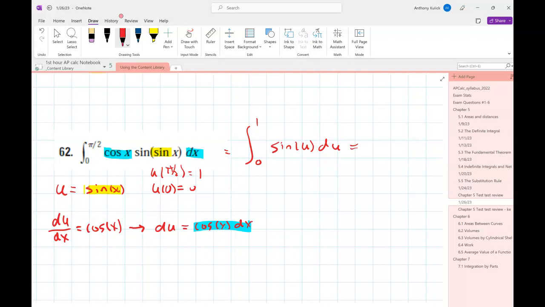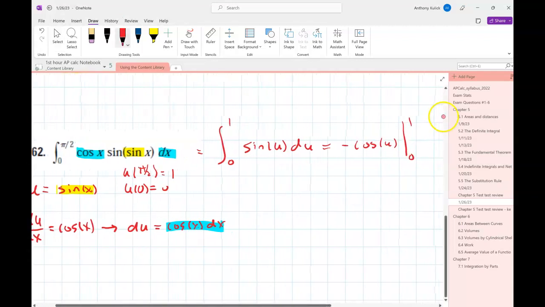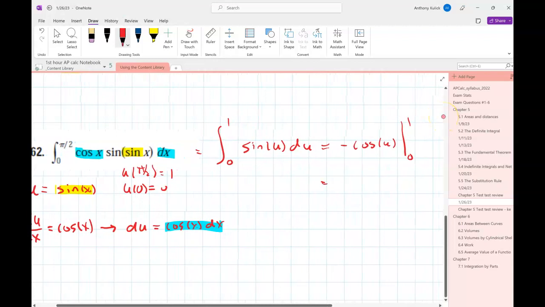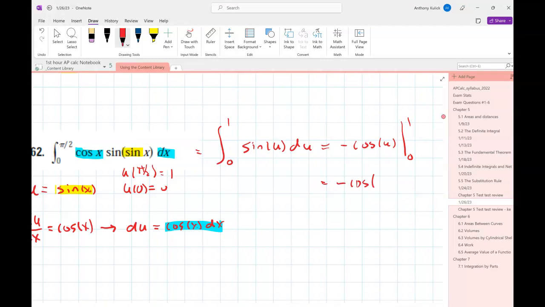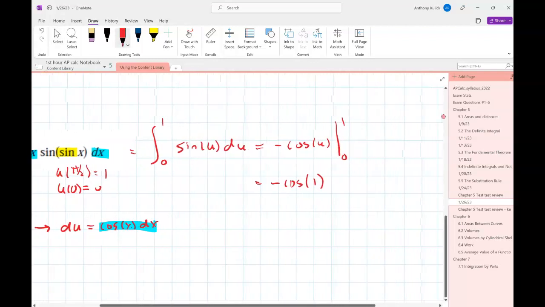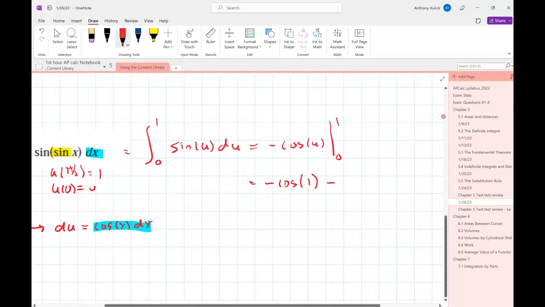So the antiderivative of sine is negative cosine. And because I did the change of bounds, I don't need to do anything funny there. So I just have negative cosine 1 minus a negative cosine 0.